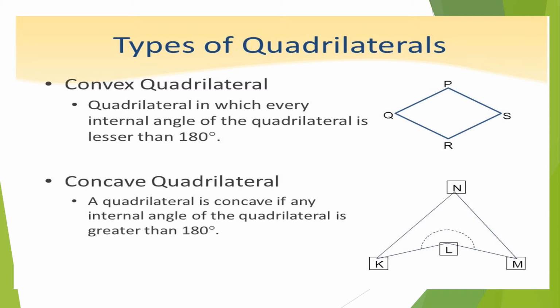In this figure you can observe, children, angle K, angle M and the others are lesser than 180 degree, but angle L is greater than 180 degree. Here angle L is greater than 180 degree, so it is considered as concave quadrilateral. Convex quadrilateral means each angle of the quadrilateral is lesser than 180 degree.